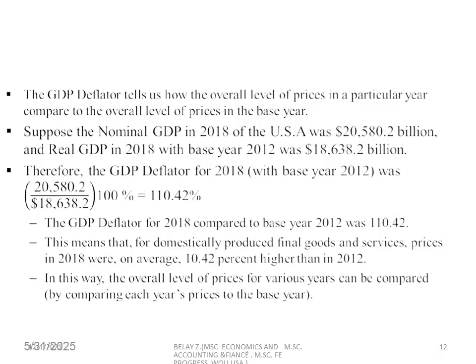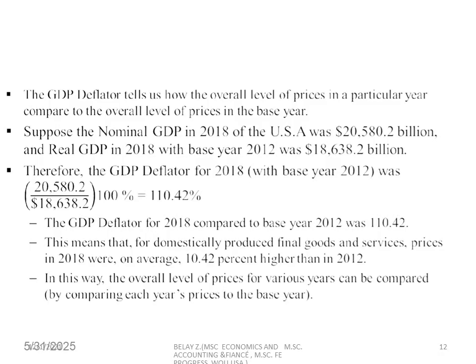Suppose the nominal GDP in 2018 of the USA was $20,580.2 billion, and the real GDP in 2018 with the base year of 2012 was $18,638.2 billion.